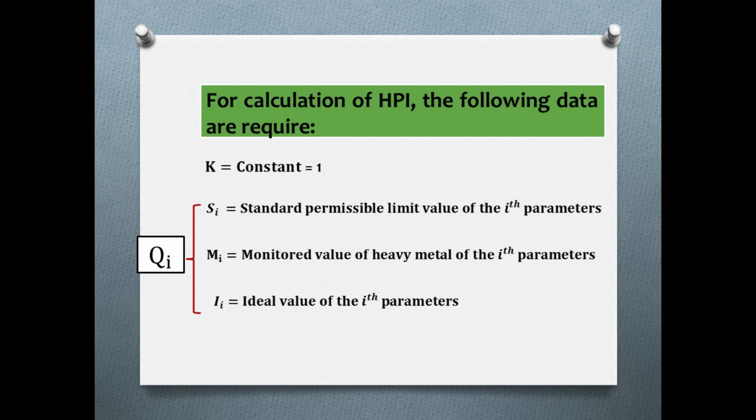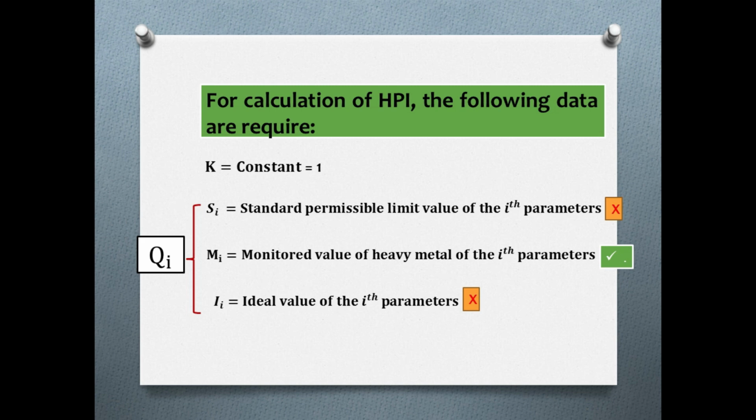Similarly, for Qi, the data that we require are the Si, which is the standard permissible limit of the ith parameters, Mi, which is the monitored value of the ith parameters or the analytical data of the ith parameters, and Ii, which is the ideal value of the ith parameters. For Qi, we found that Si and Ii are the things which we don't know as yet.